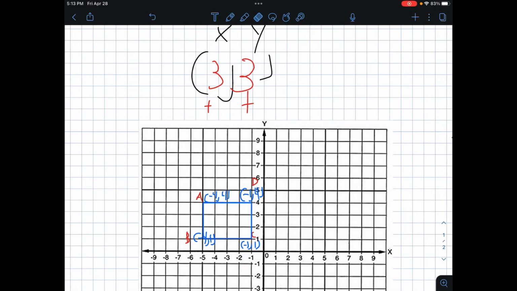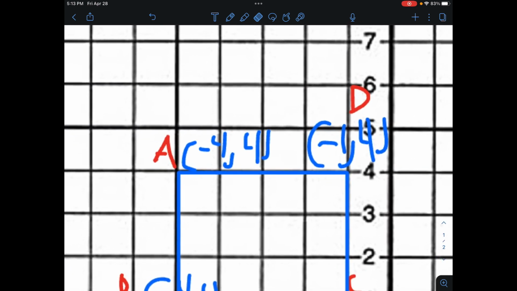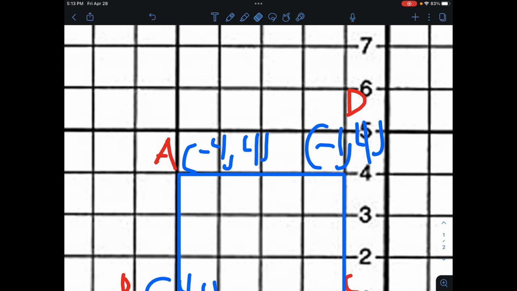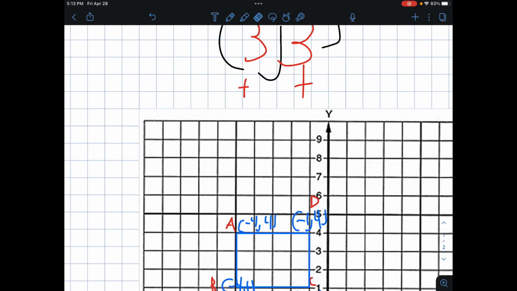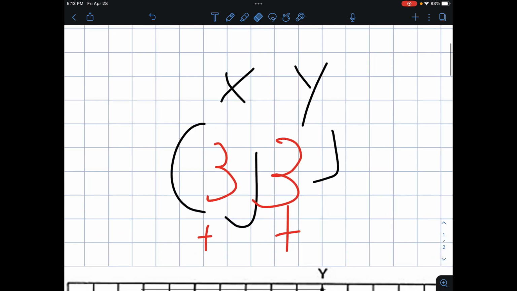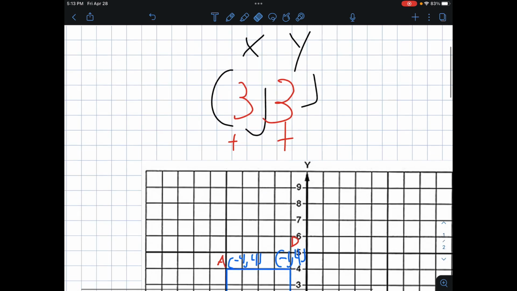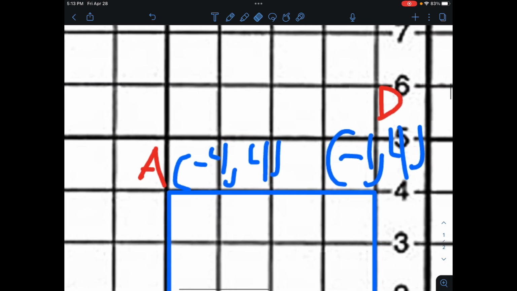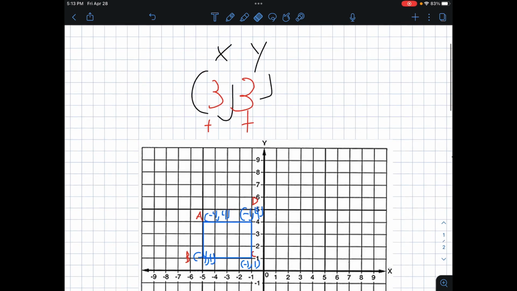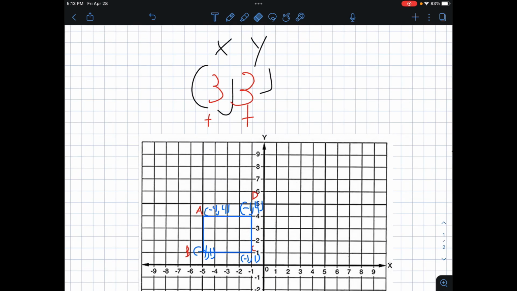So now that we've gone over reflections, let's go over translations. Pretty much for translation, they'll give you your points right here. So A is -4, 4. And then they'll give you these numbers up here. What you're supposed to do is add these numbers to your coordinates, and then pretty much the same thing as with reflection, you fill them out.